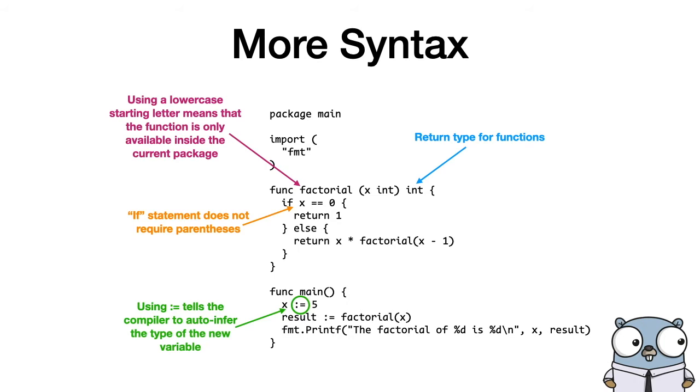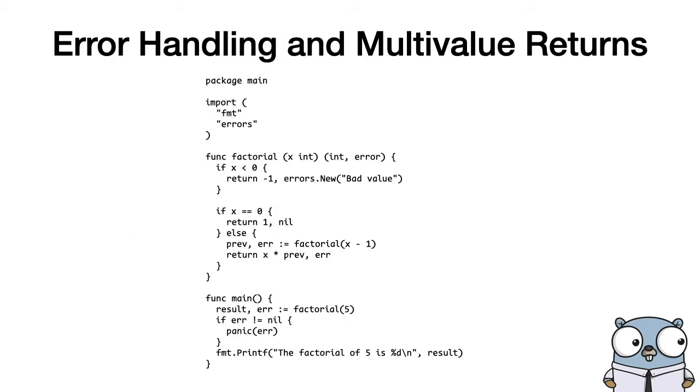And now we're going to go into a little bit more syntax about how we handle errors. Okay, so error handling, and factorial is not a really great example to show error handling, but nonetheless, we'll give it a try. First of all, the way that error handling usually happens in Go is by having functions that return more than one value. And thankfully in Go, returning more than one value is a native property of Go.